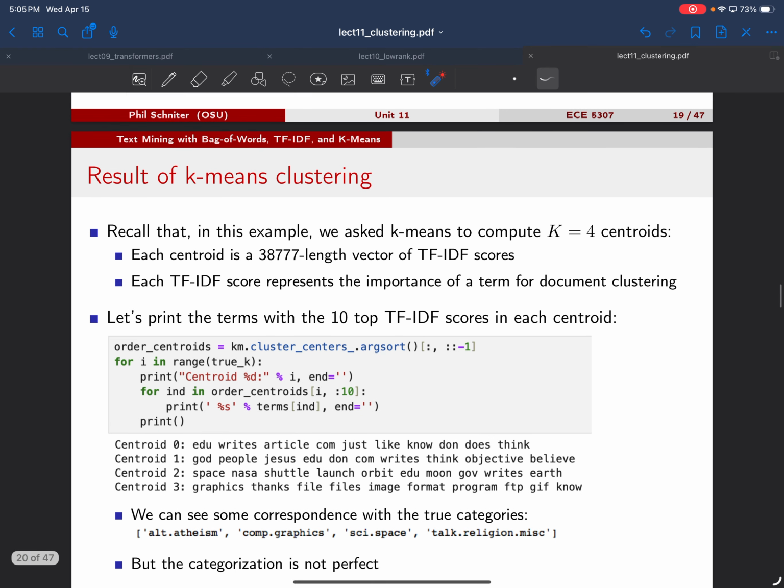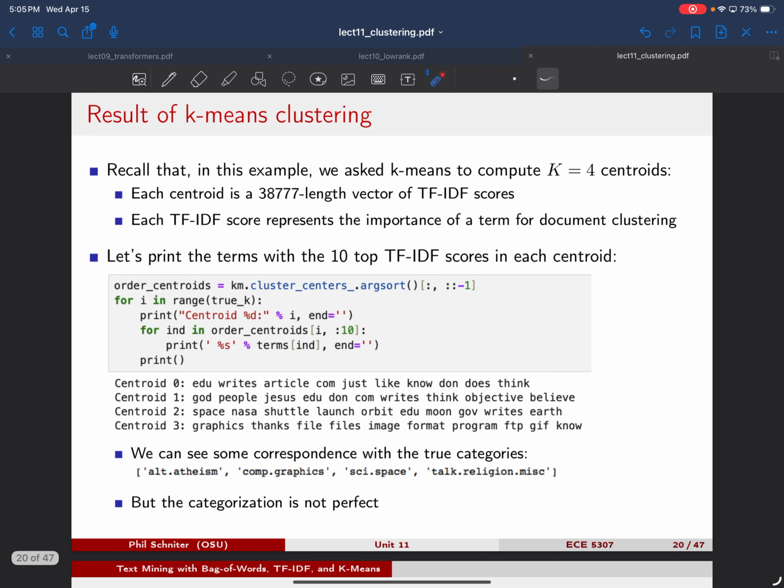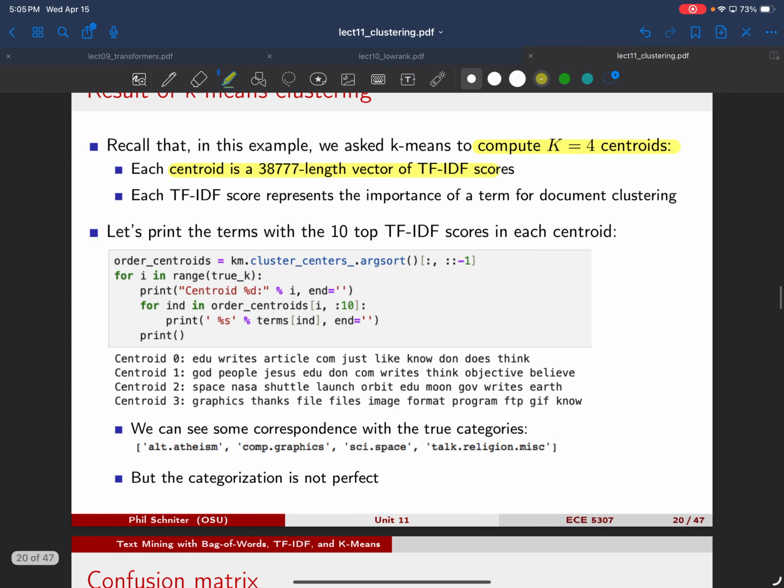So let's see what happened. K-means computed 4 centroids. What is a centroid? It's a 38,000 length vector of TF-IDF scores, which represents the center of a cluster. Let's print the words corresponding to the 10 top scores in each centroid.